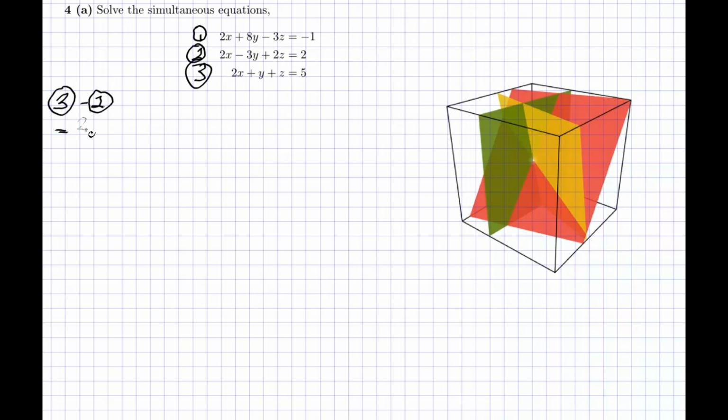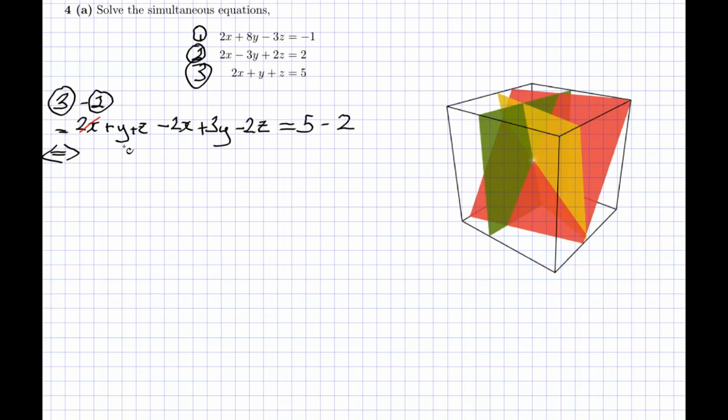So it's going to be 2x plus y plus z. And then I'm going to take away 2, so it's minus 2x. The minus 3y is going to be plus 3y. And a minus 2z. And that's equal to 5 minus 2, the right hand sides of these equations.